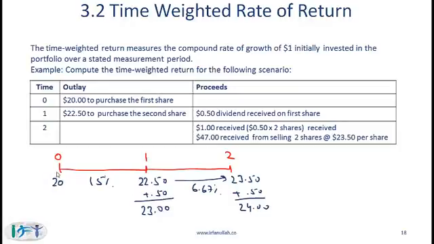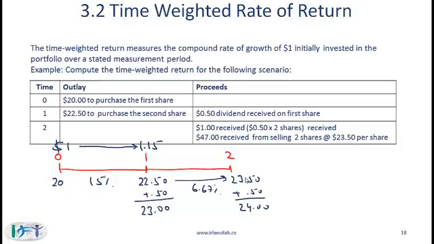This means that we have received a return of 15%. So 20 essentially becomes 23. So the return is 15%. $1 invested over here has now effectively become $1.15 at the end of one period.